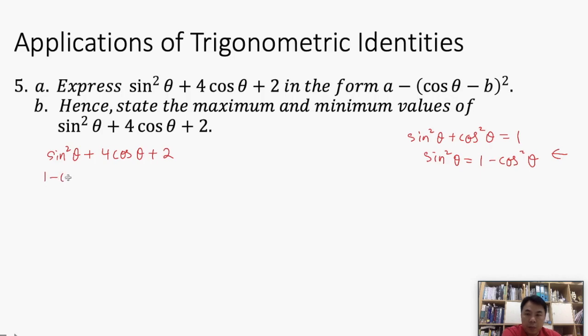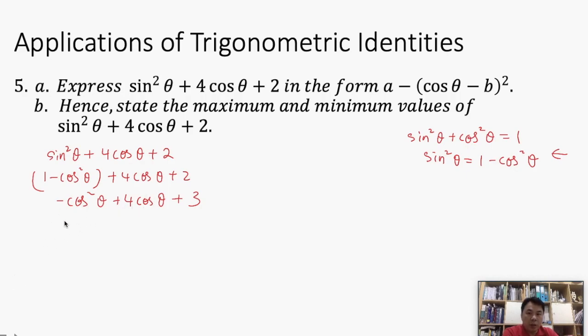We're going to make use of that. That will be 1 minus cosine square theta plus 4 cos theta plus 2. And then through rearrangement, we will have negative cos square theta plus 4 cos theta plus 3. That's the quadratic equation that we are having.